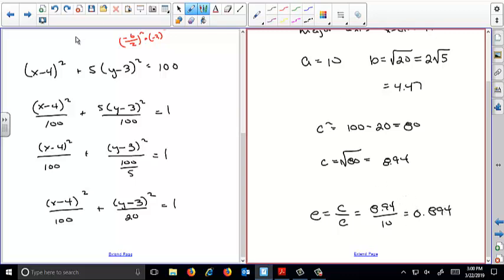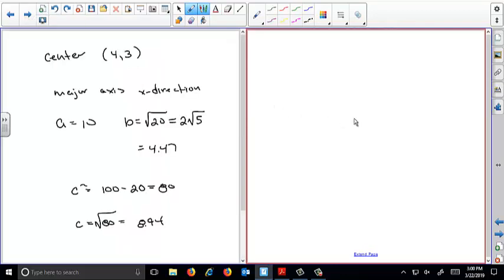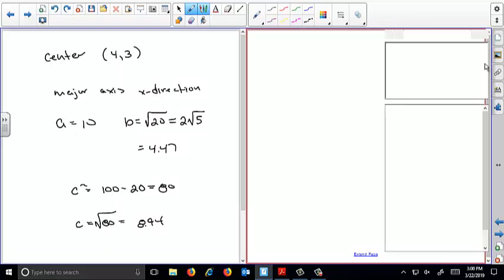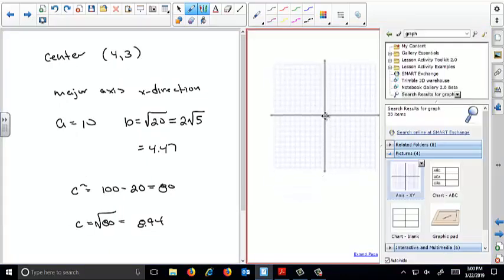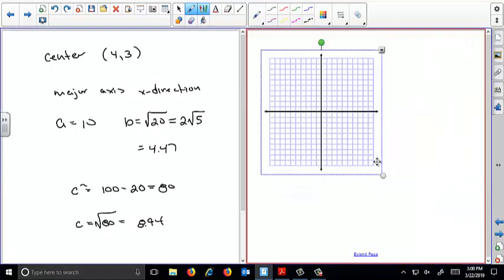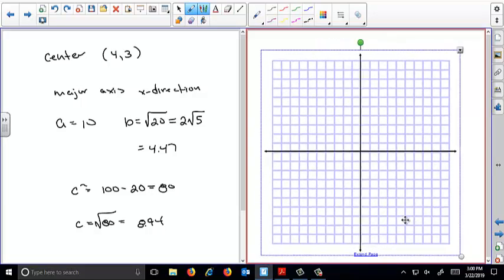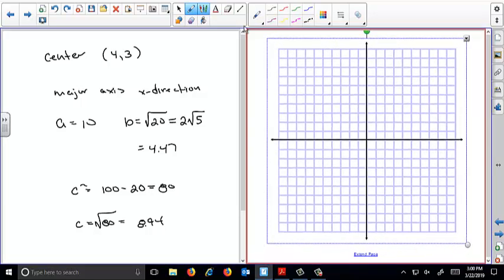Okay, so here we go. Now we're going to plot this thing. And then we'll get the vertices and everything off of the graph once we get that. Okay, so here we go. Plot 4, 1, 2, 3, 4, comma 3. Let's make this 10. Let's make this 10. Negative 10. Negative 10. Okay.